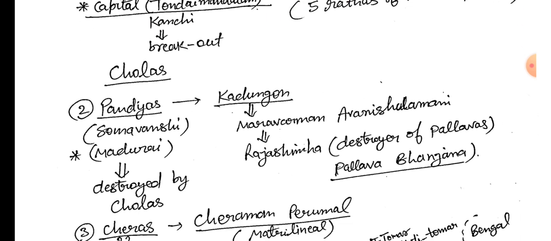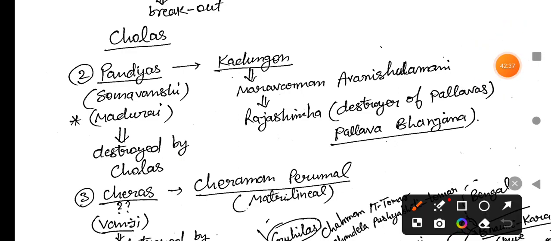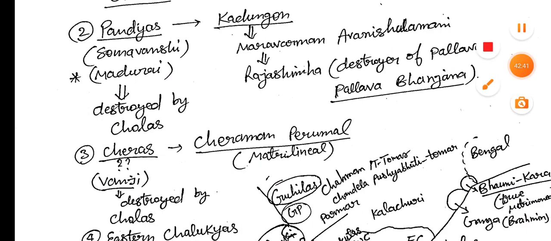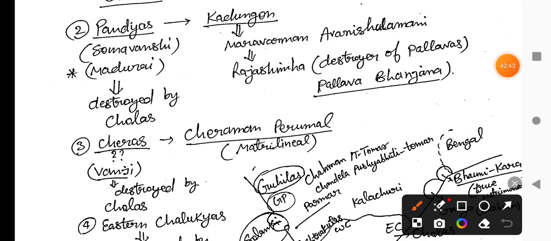They broke out and were defeated by the Cholas, and we know that the Cholas were great, prominent rulers. After the Pallavas, there were the Pandyas as well, and their capital was Madurai. They were Somavanshi Brahmins.